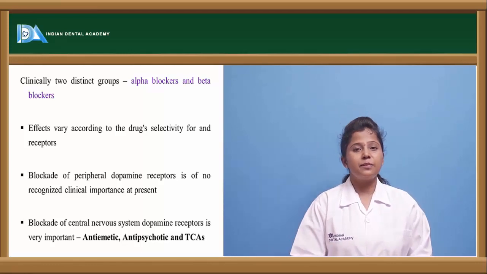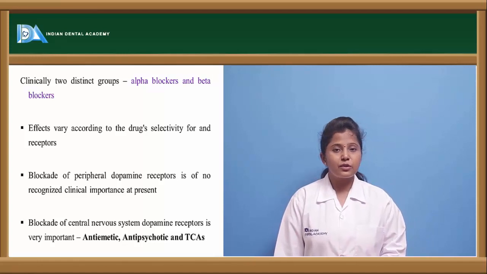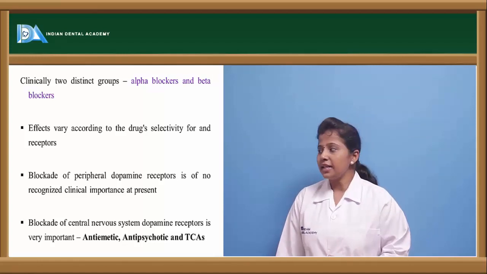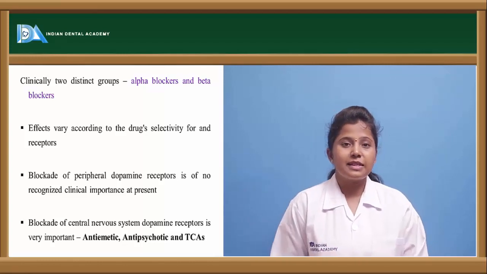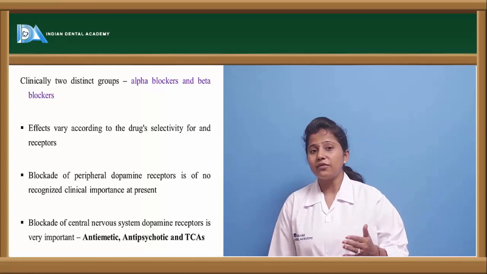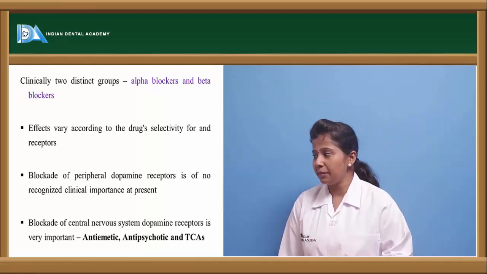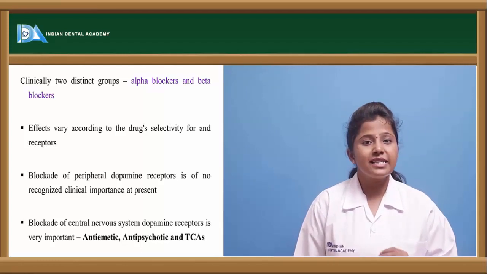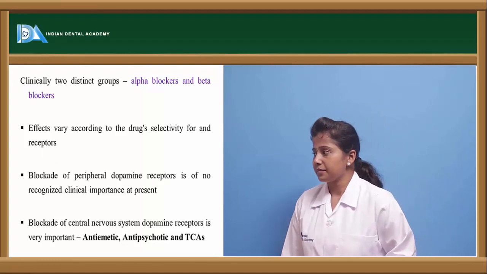If it is binding to beta receptors, it is a beta antagonist. So the drugs are categorized based on their selectivity towards the receptor. As I said, peripheral nervous system dopaminergic receptors are not clinically important, whereas blockade of the central nervous system dopaminergic receptors by drugs like antiemetics, antipsychotics and tricyclic antidepressants shows the sympatholytic effect.